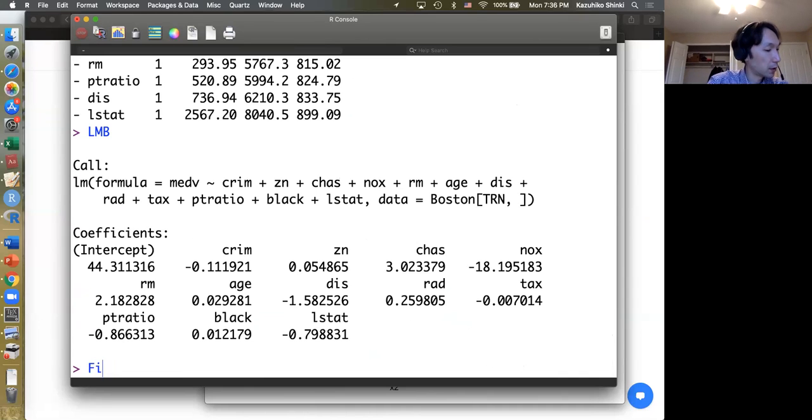What is the performance, the training error and the test error? At first, the training error.